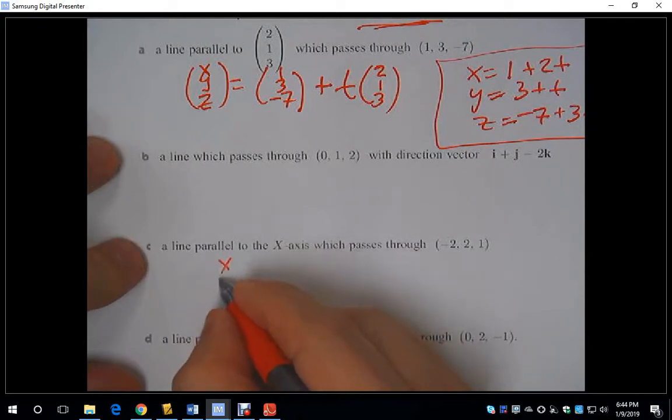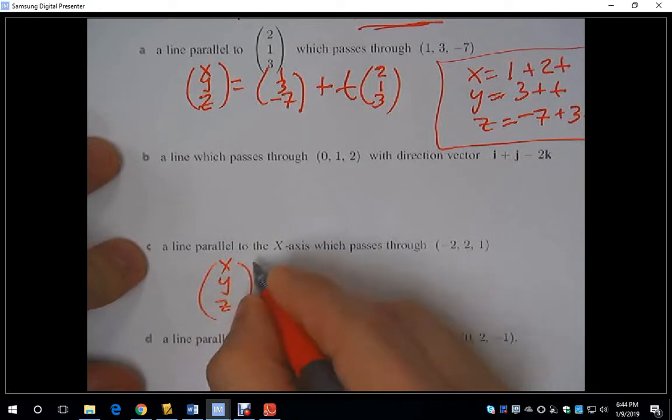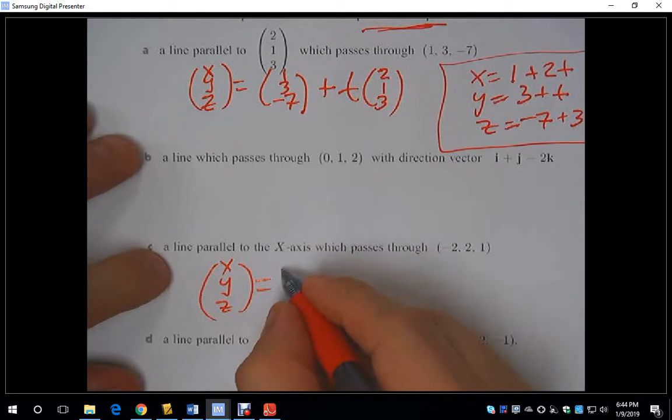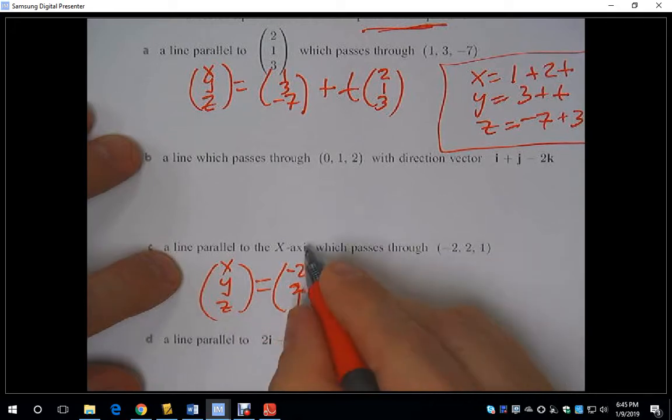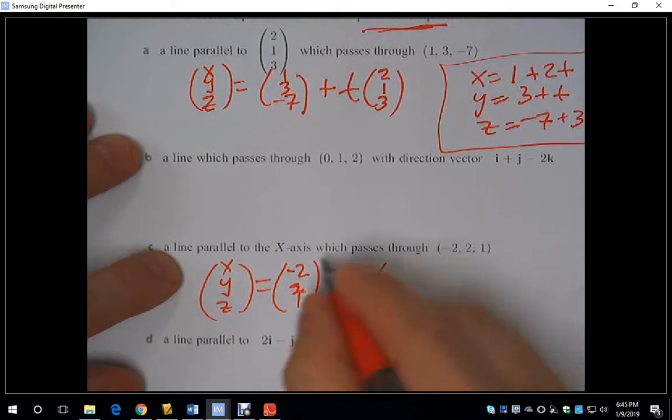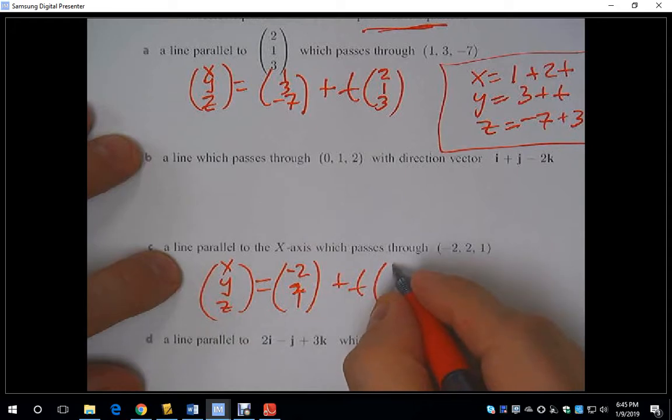Let's go ahead and just write out our vector equation. So that would give me our point, (-2, 2, 1). And our direction vector is just going to be, because we're parallel to the x-axis, the only thing that matters here is our x value. Everything else is going to be 0.